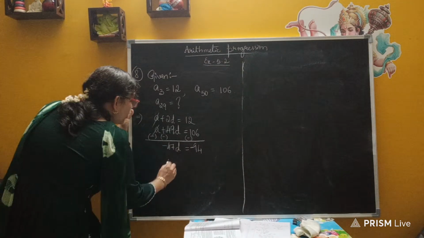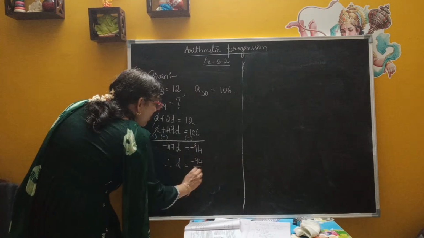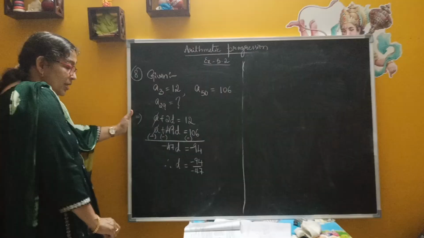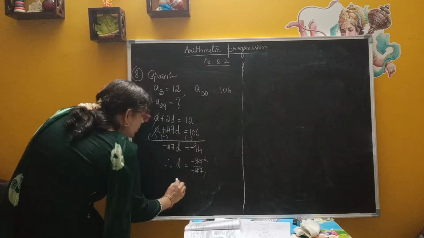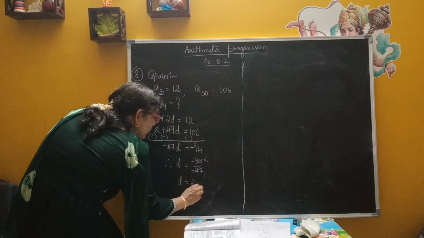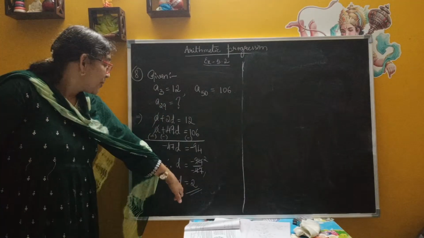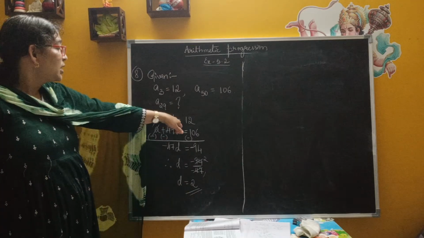So what is the value of D? D is equal to minus 94 by minus 47. Minus by minus is plus. 47 ones are 47, 47 twos are 94. So D is equal to 2. Common difference is 2. Using this, we can find the value of A. Let us substitute in the first equation. It is easy.